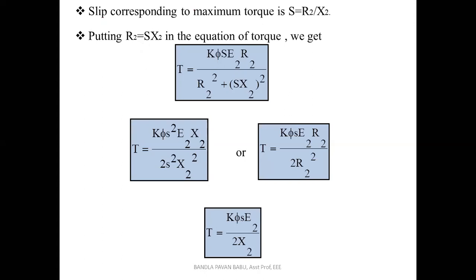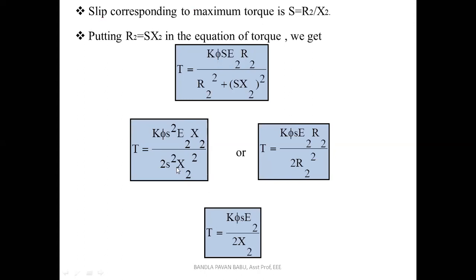So we get torque equal to K phi s square E2 X2. Why did we get this? In place of R2 we substituted s into X2, so s into s gives s square, and X2 appears in the numerator.